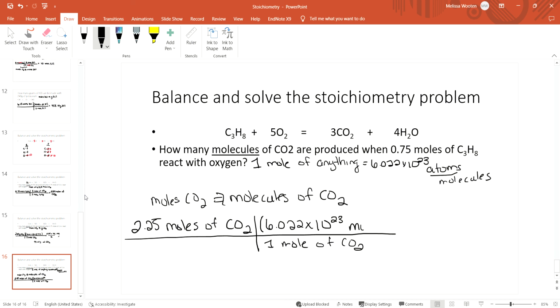In this case, molecules. Right? So you should get 1.36 times 10 to the 24th molecules of CO2. Right? So this is just a little introduction to stoichiometry.